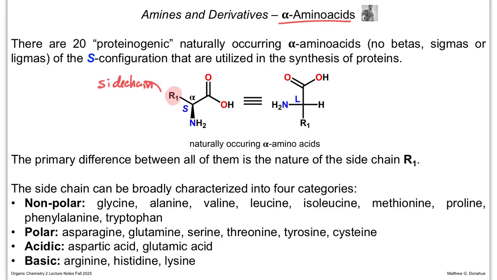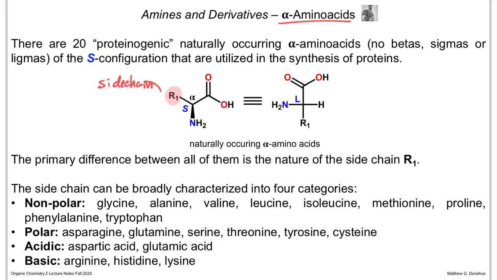When it comes to these amino acids, and then we'll see a little bit later on for carbohydrates, another nomenclature designator that's used is this. So capital L or capital D. And that relates to a Fischer projection, which we talked about in Organic 1, when we talked about stereochemistry.